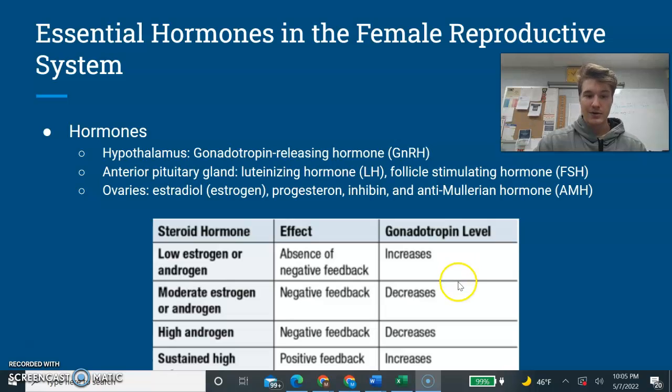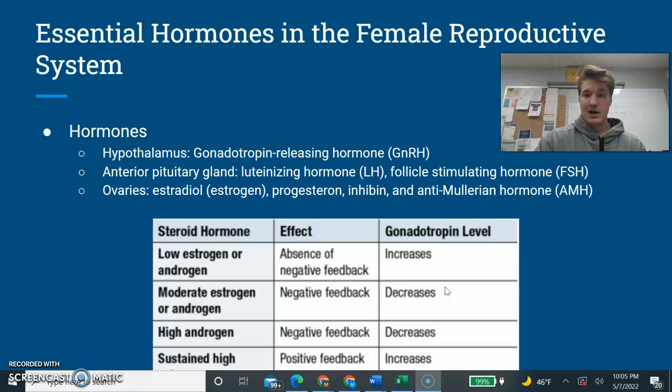With moderate estrogen levels, we actually see a negative feedback. It's feeding back and decreasing the amount of luteinizing hormone, follicle stimulating hormone, and gonadotropin releasing hormone, sorry. We're seeing a decrease in all of those.